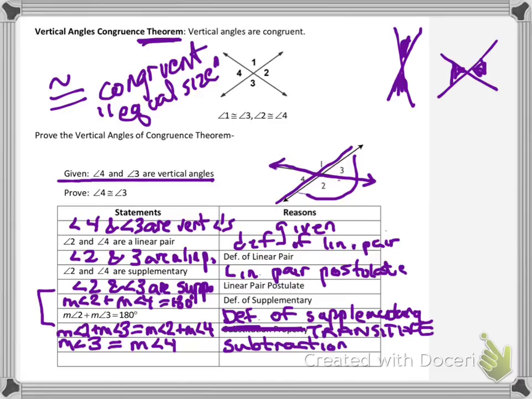Basically saying that you can subtract something from both sides of an equation and the result is still a valid equation. And we know that from the first unit in algebra. And then, if the measures of those two angles are the same, then angle 3 is congruent to angle 4, just by the definition of congruence.